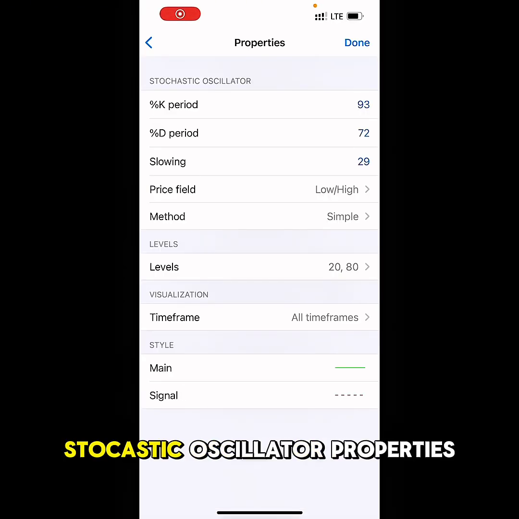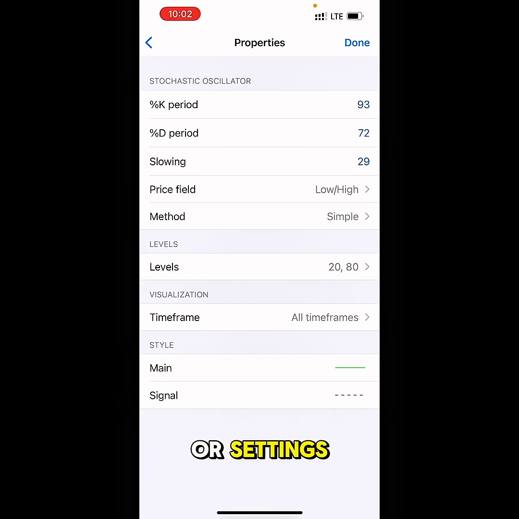Okay, so for the stochastic oscillator settings, we will have the K period percentage on 93, the percentage D period will be 72, and the slowing will be 29. The price field will be set at high or low, and the method will be simple.